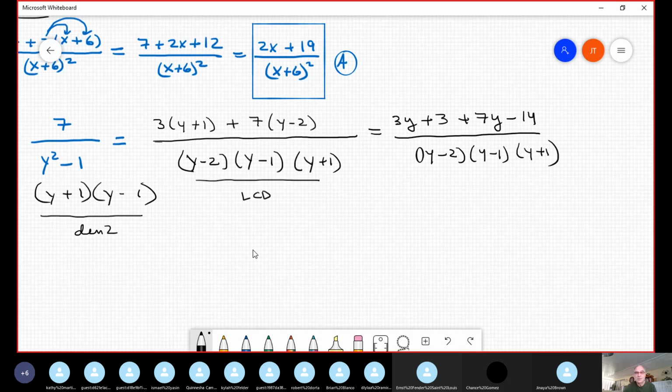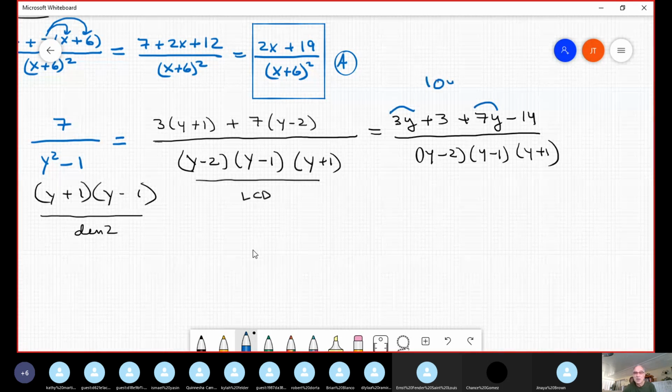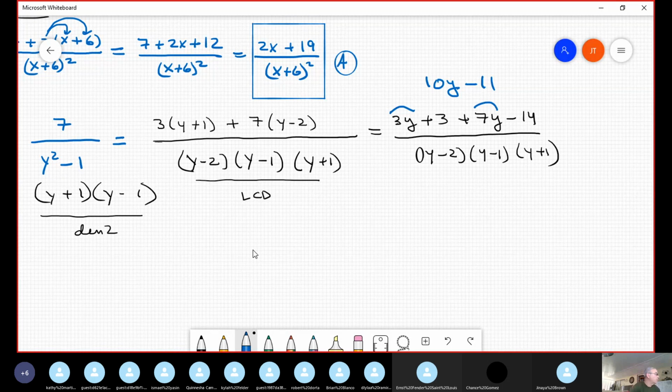And we combine like terms. This is 3y plus 7y, 10y. 3 minus 14 is minus 11, no? So in the top, we have 10y minus 11. In the bottom, we have (y minus 2)(y minus 1)(y plus 1).